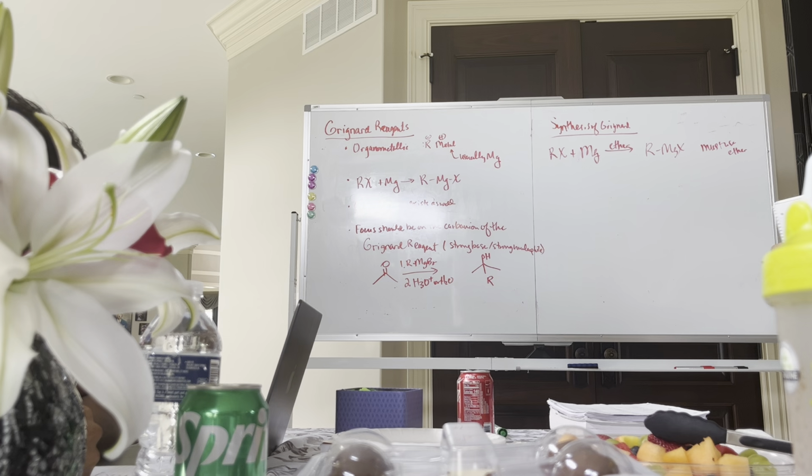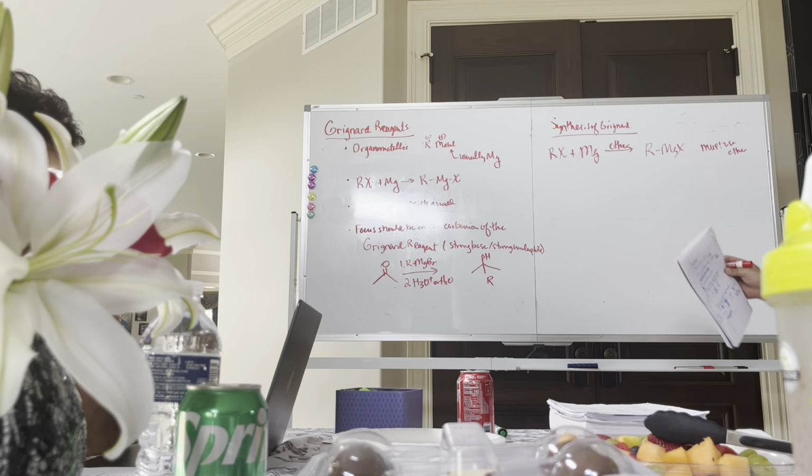The reason why is that if you have any kind of protic solvent in there, it's going to react with that preferentially. So water, alcohol, anything like that whatsoever, it's going to react with it. In our grad school research lab, we had an ether still.